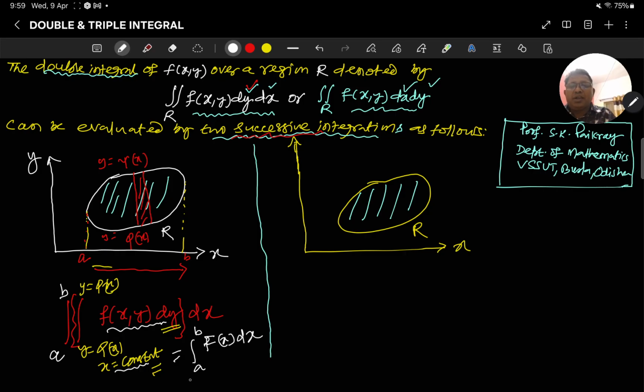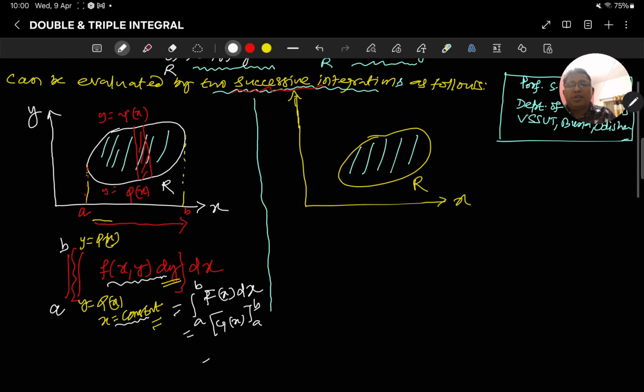Now it is a definite integral, and we know how to evaluate it. Suppose the integral is, you say, g(x) after evaluation from A to B, then this integral will be g(b) minus g(a). This is the idea to evaluate.